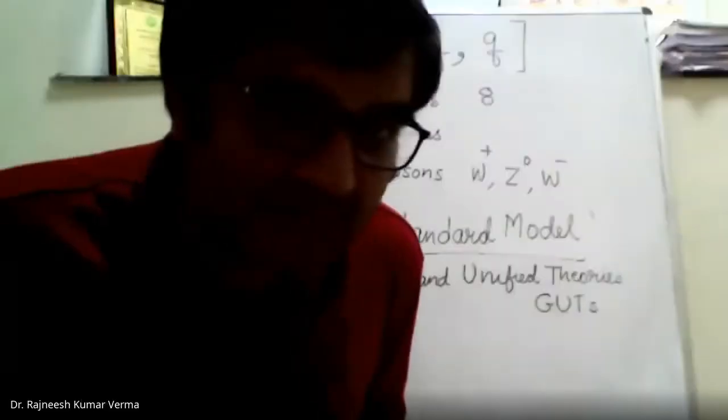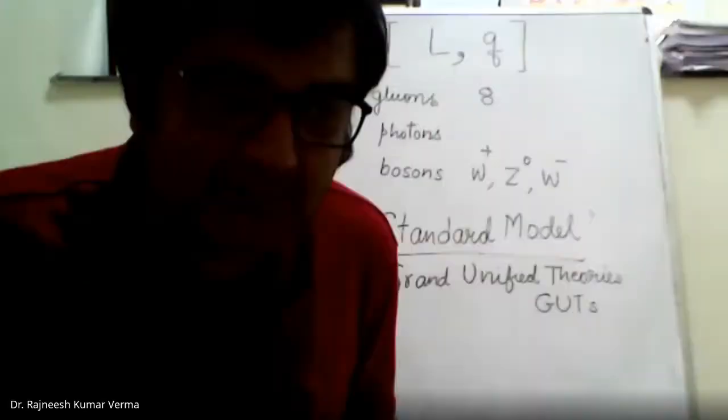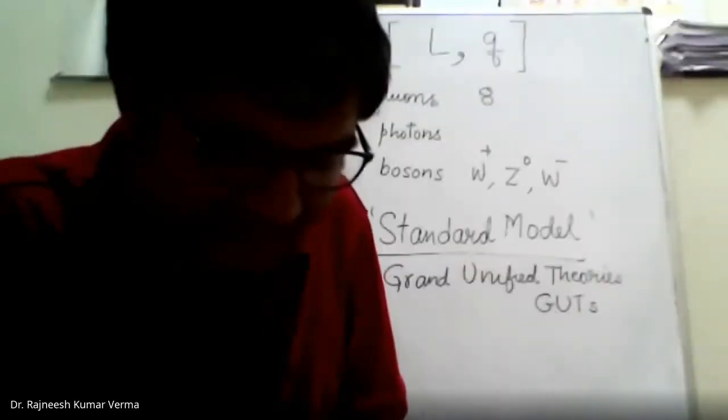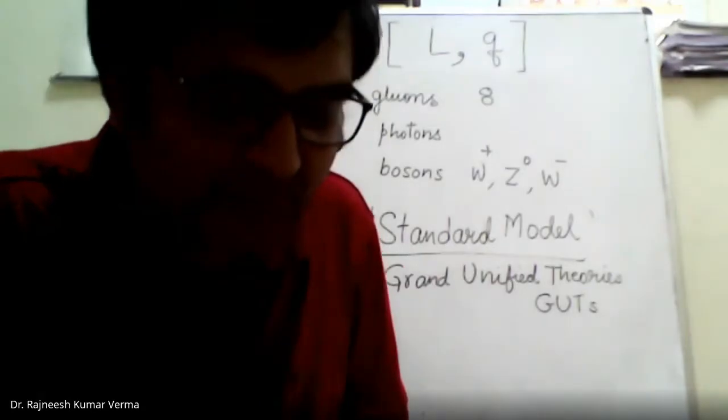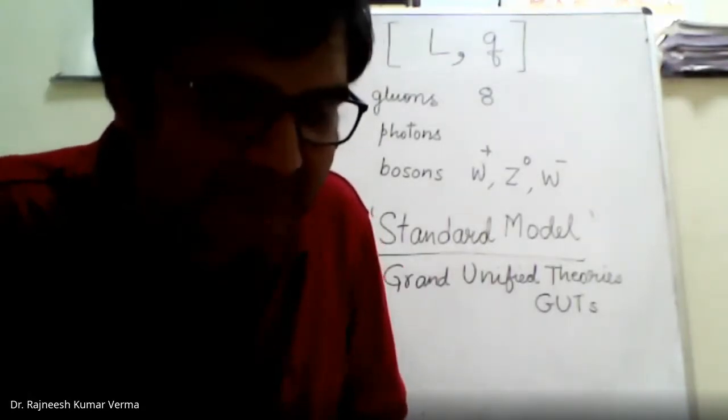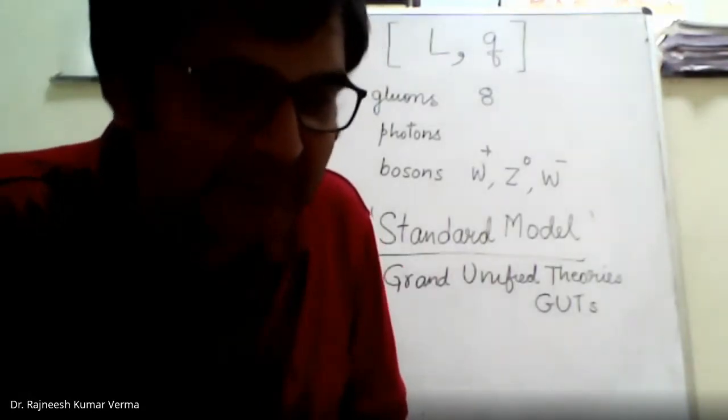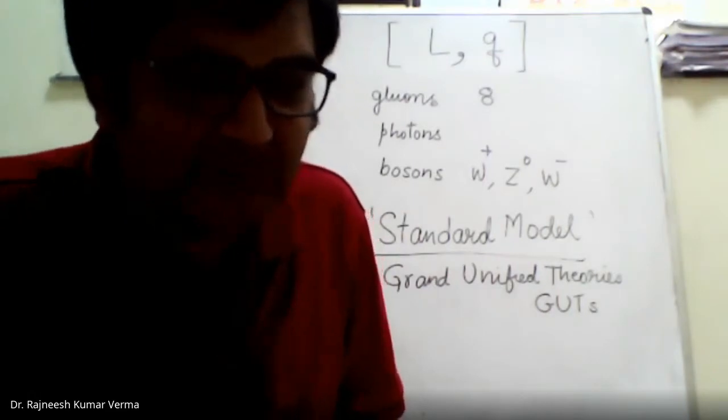Sir, but why are we trying to unify different theories? Perhaps you have missed the first lecture. Since there are 4 fundamental interactions, common sense tells us that we should have one.